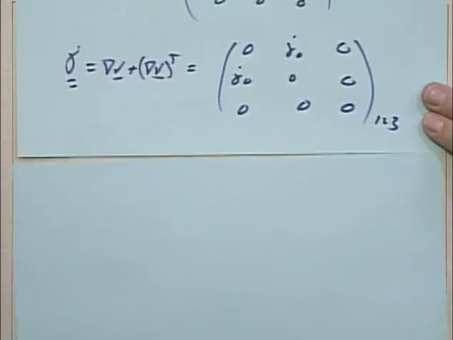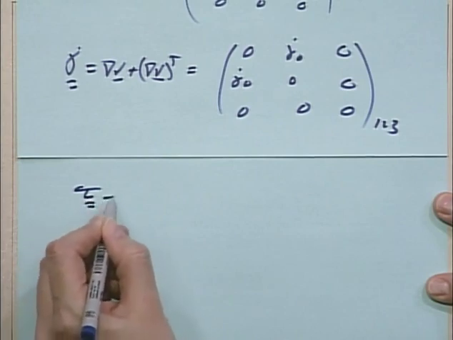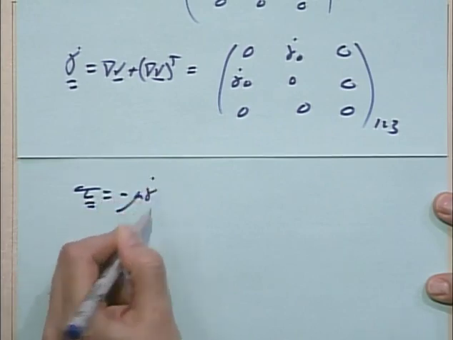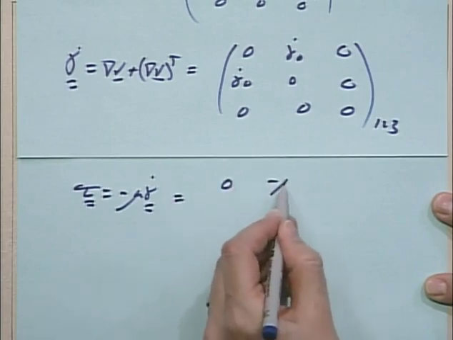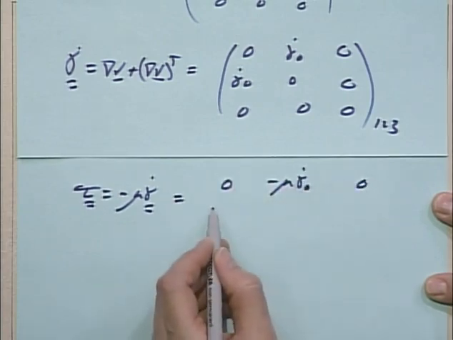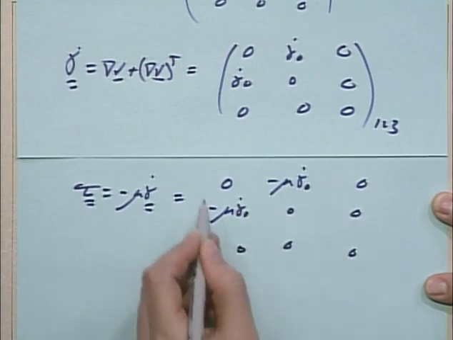So we've calculated the stress for a Newtonian fluid in this flow. The stress tensor is minus mu gamma dot, del V plus del V transpose. So that must be 0, minus mu gamma dot naught, 0, minus mu gamma dot naught, and then all zeros.